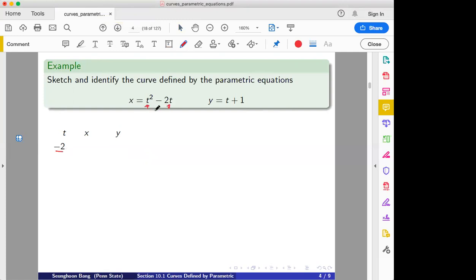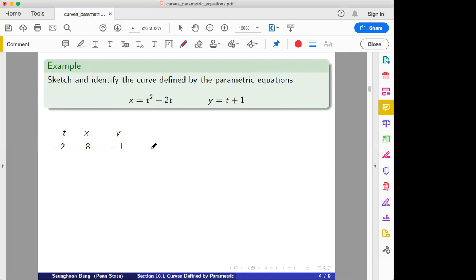What's the x value? -2 squared minus 2 times -2, exactly: 4 plus 4, we have 8. You're right, the x value is 8. What's the y value? Yes, the y value is -1. You plug -2 into here, so we have -2 plus 1, which is -1. So we have these two numbers.